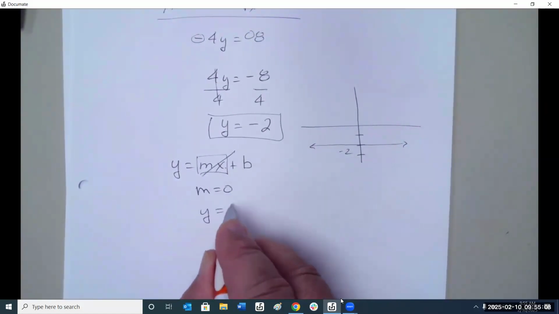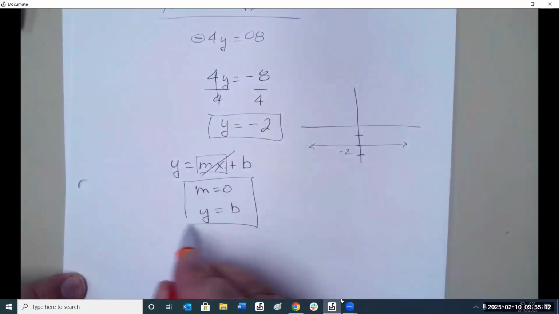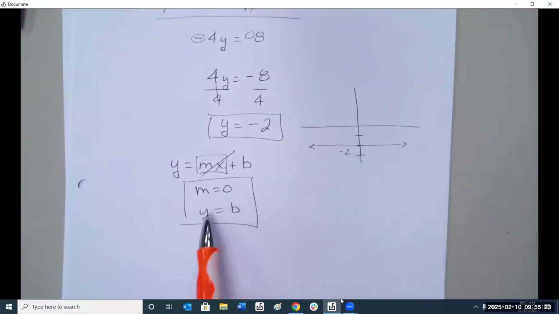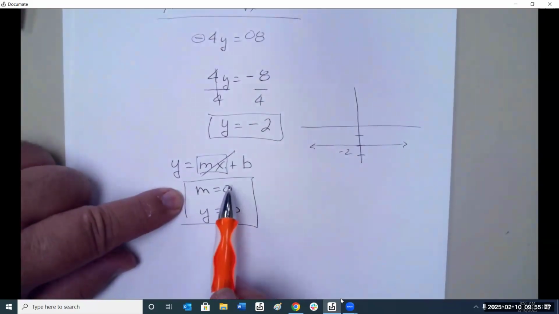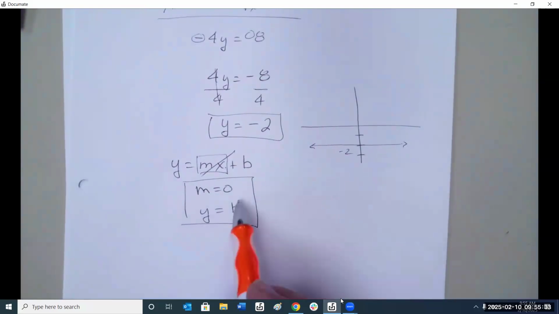Then we have y equals b. So whenever you see a horizontal line, you know the slope is equal to 0. And conversely, if I tell you the slope is 0, then you know it's what kind of graph? Horizontal line. So you have to understand how those two are connected.